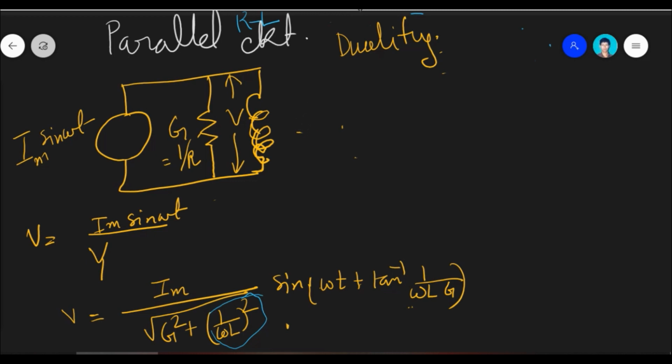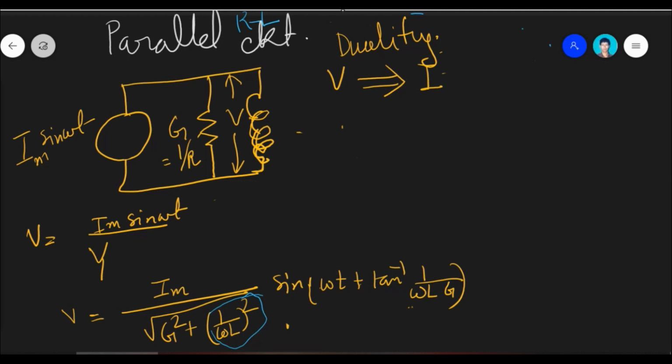What we do in duality, we replace the voltage source by a current source, and current is replaced by voltage.